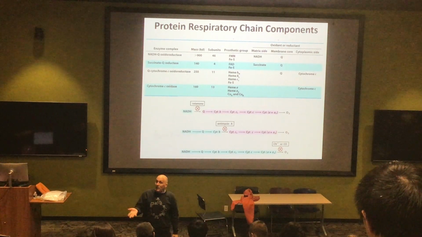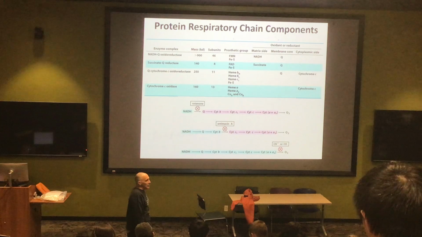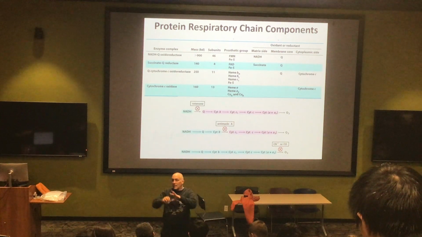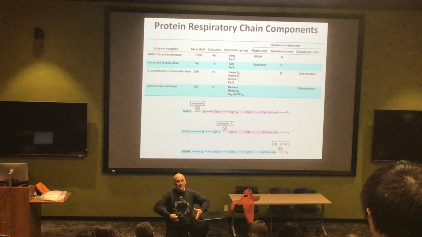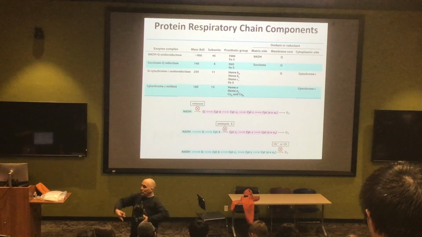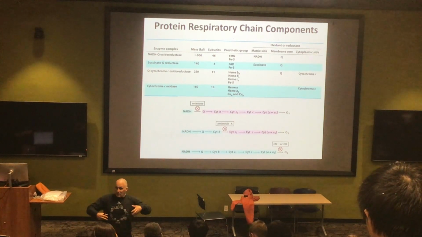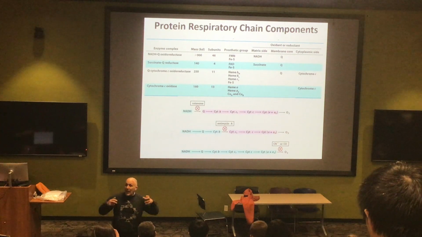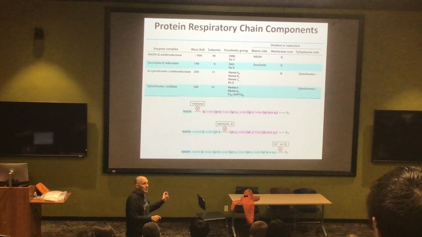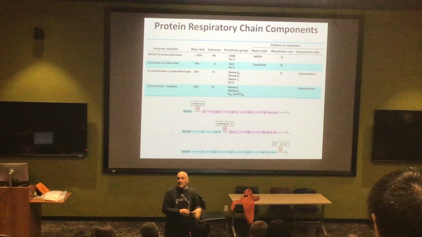So the first set of experiments that were actually done were to take an electron transport complex, isolate some mitochondria, isolate the proteins that I'm talking about in the absence of oxygen, and put some NADH in. And what's that going to do?